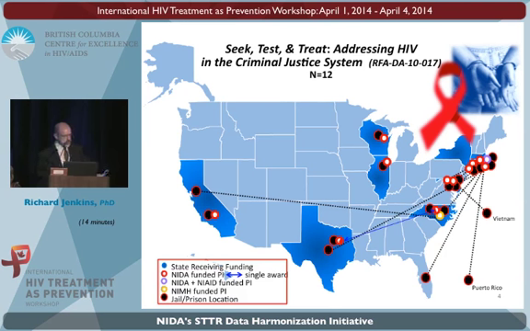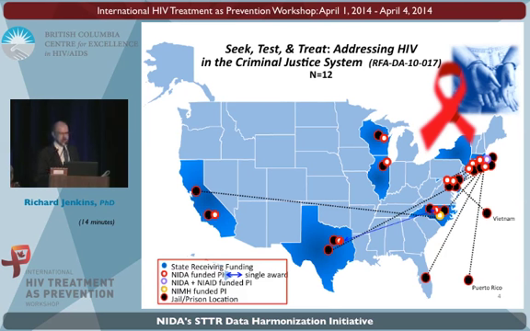I mentioned yesterday two cohorts of seek, test, and treat studies that we've done. One involves criminal justice, and so these are done in correctional settings, which might be community corrections where there's supervision of people by the criminal justice system. They might be in jails, they might be in prisons. All but one of these studies was done in the United States.